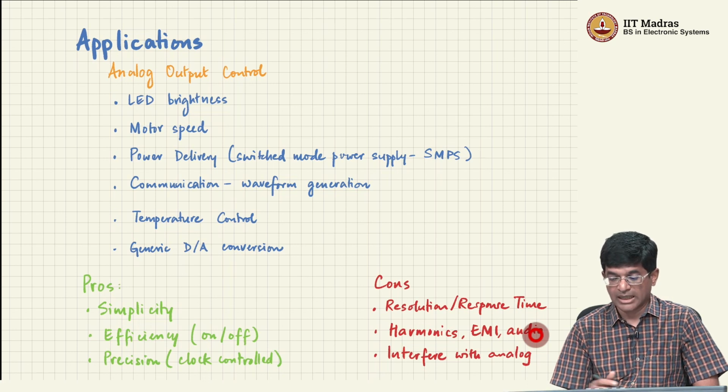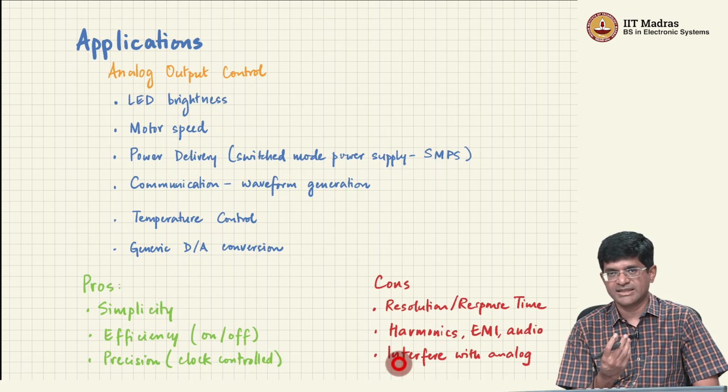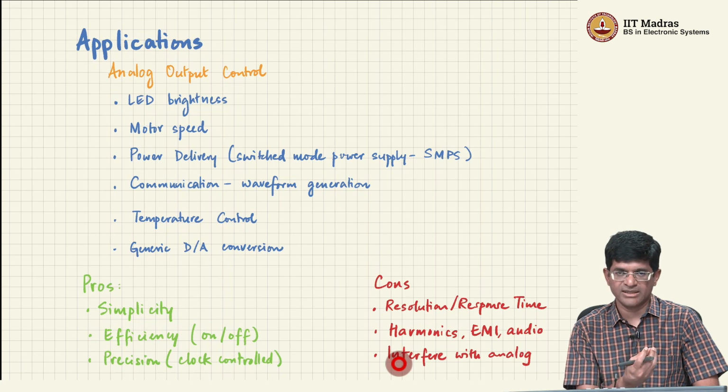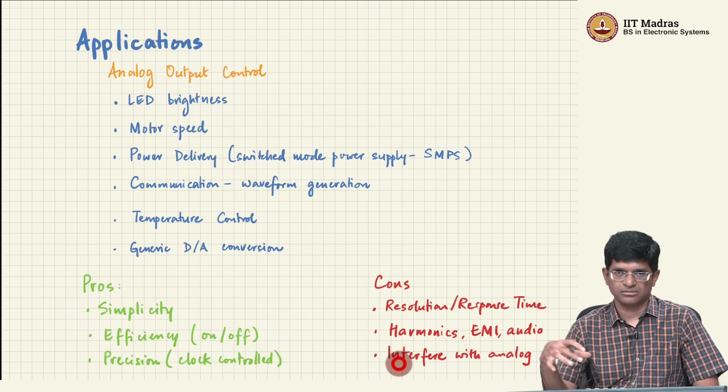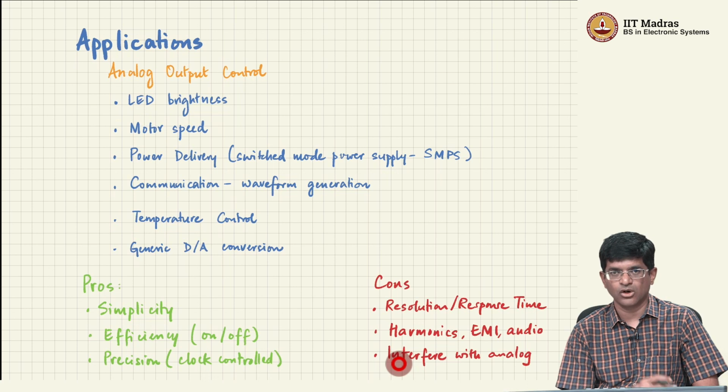And not only that, if you have a system where there is your digital circuit and you also have some sensitive analog measurements that need to be performed, this kind of high speed switching can end up causing leakage of that signal, through some inductive coupling and so on, onto different parts of the circuit, and thereby interfering with your analog measurements.